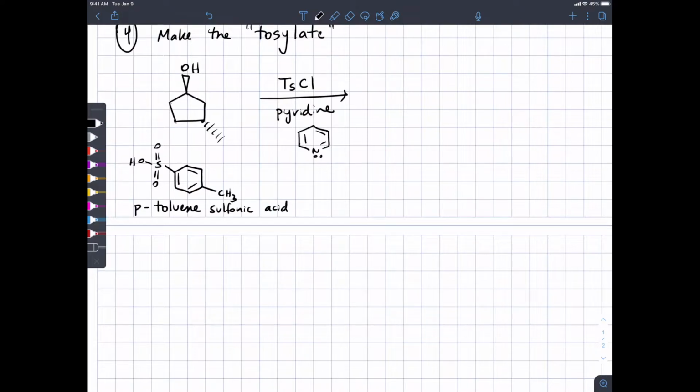This is an acid. Its conjugate base is paratoluenesulfonate.